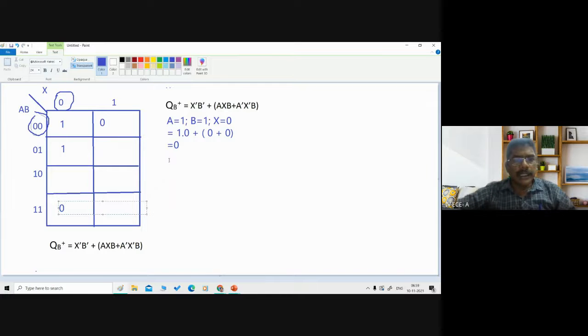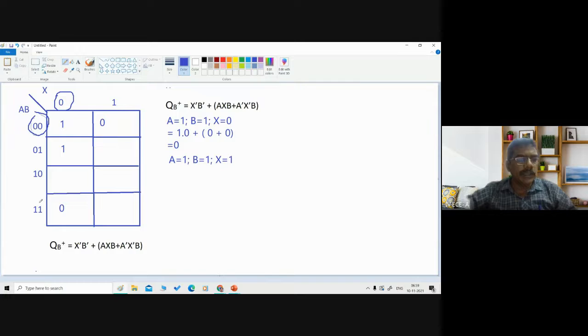Okay, and next case, a equal to 1, b equal to 1, x equal to 1. Okay, all are 1 for this case. I'm going to write the value here, because here a equal to 1, b value is the second variable, so b equal to 1, and x value is 1, because I'm going to calculate here.